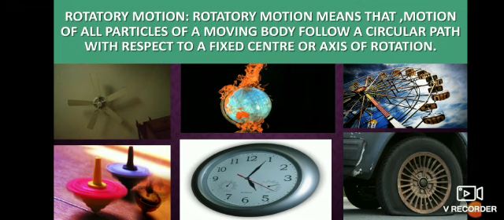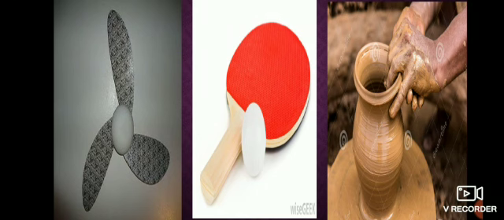Now we see the definition of rotatory motion. Rotatory motion means that motion of all particles of a moving body follow a circular path with respect to a fixed center or axis of rotation. Here you are seeing some more examples of rotatory motion.